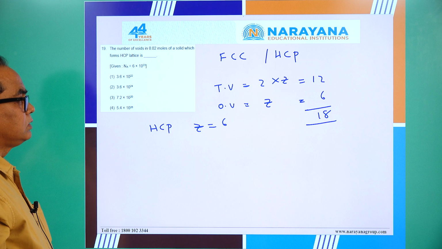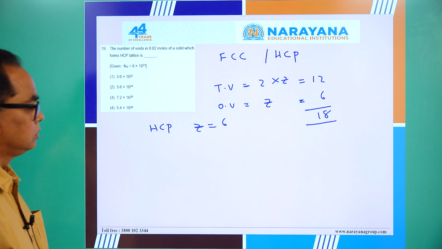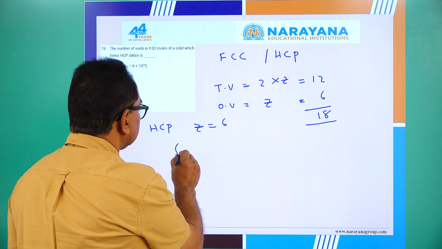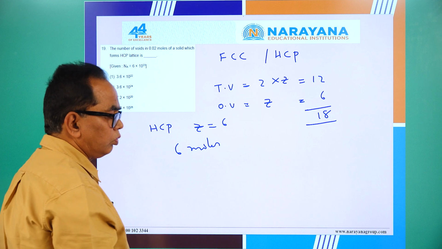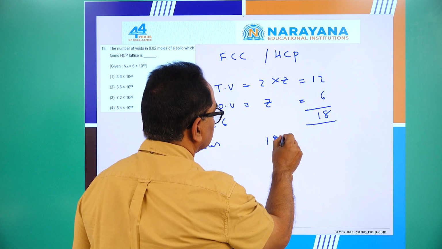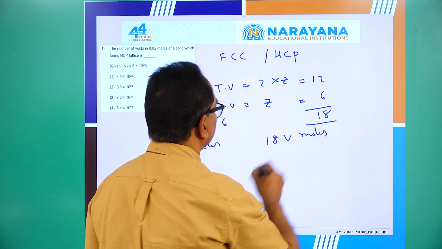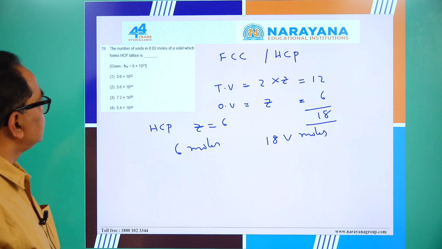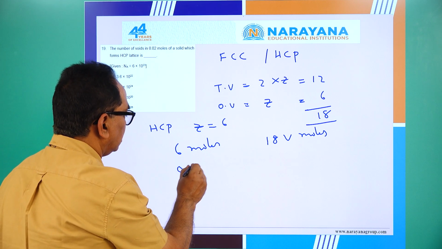So this is in the case of one unit cell which has 6 particles. That means for 6 moles of particles present in one unit cell, there will be 18 voids, 18 moles of voids. But the question is 0.02 moles. So for 0.02 moles, how many?